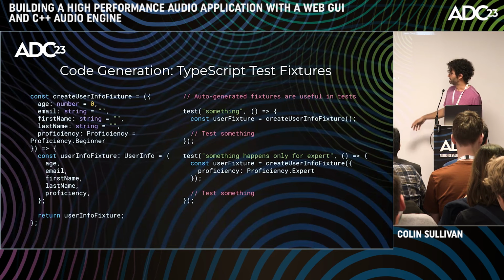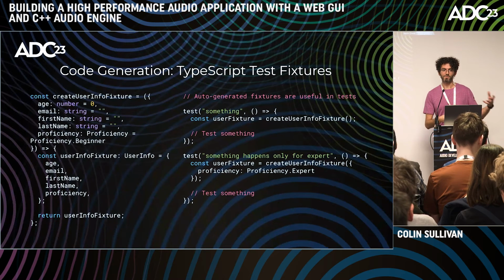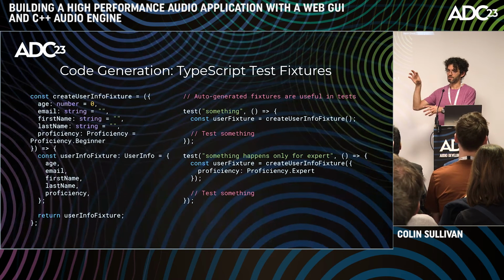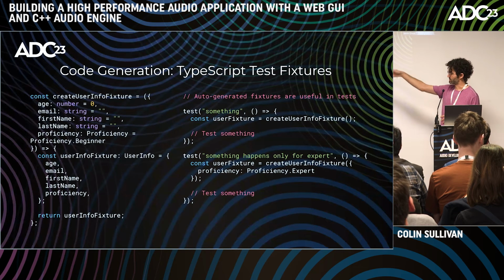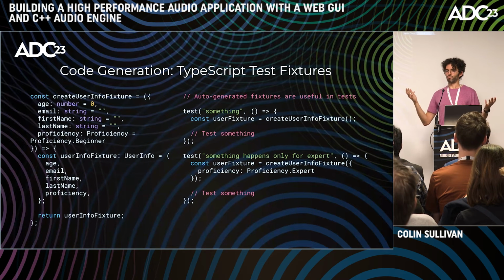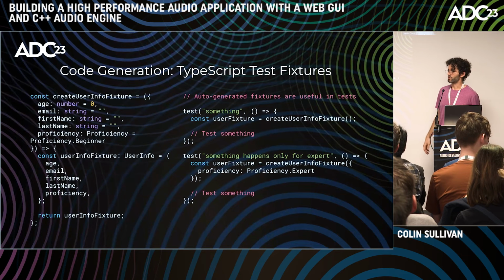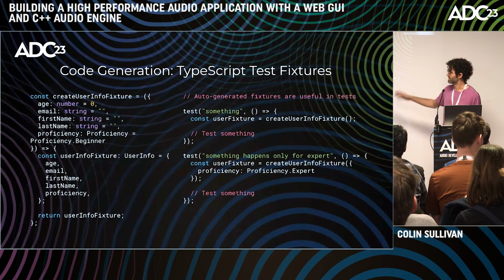This is very valuable, because imagine the user info object changes, and all the tests break because they had generated the user info object with the previous fields. It doesn't include the new value, that kind of thing. Now our objects get updated, these test fixtures get updated, and the tests don't break. They keep working because they're just using the default values. Of course, it doesn't protect against the test itself needing to be updated, but you get what I mean.